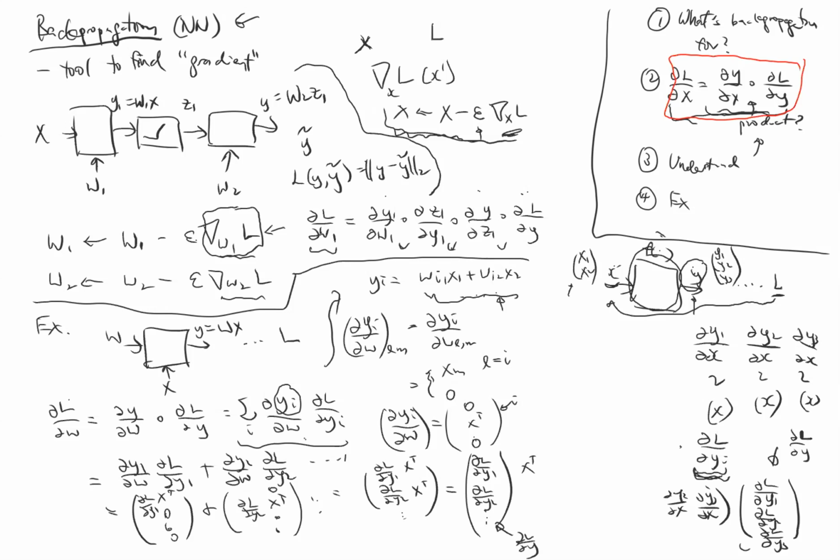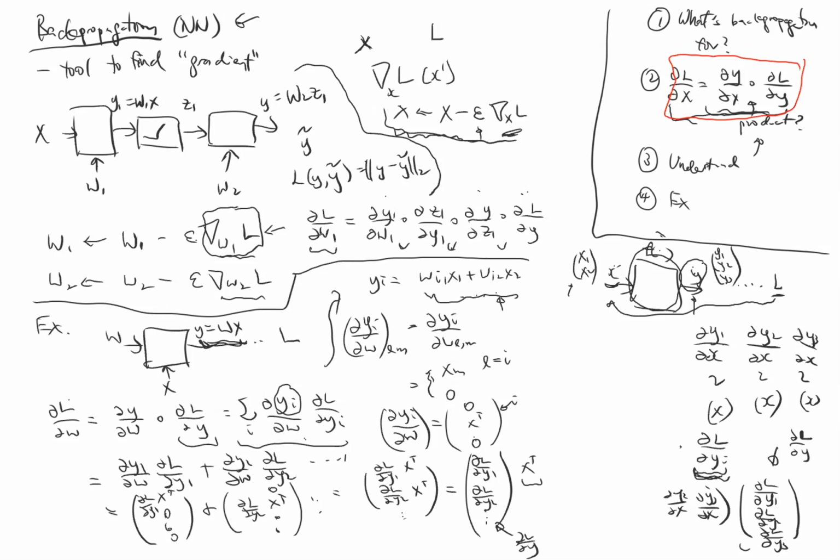And of course, if you look at this here, this is partial L over partial Y, and this is partial Y over partial W. If we start from the beginning, partial Y over partial W is of course equal to X. It's just calculus, but that misses the point, because this is not the scalar case.